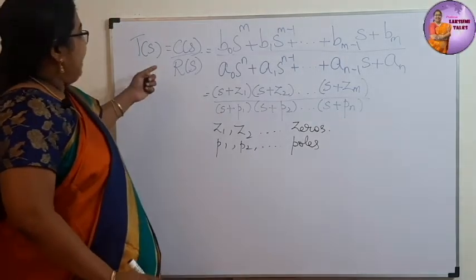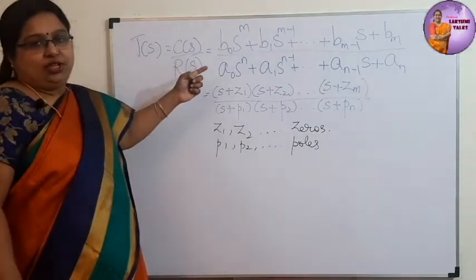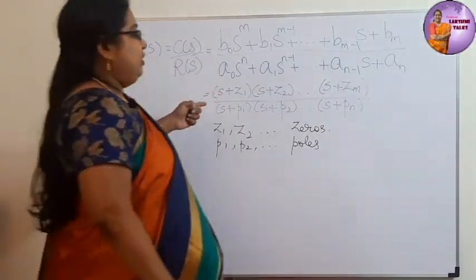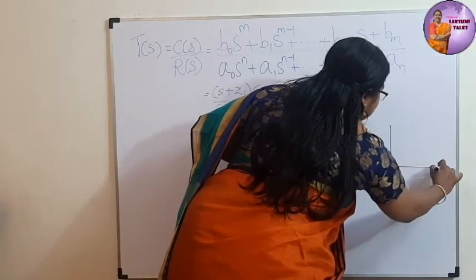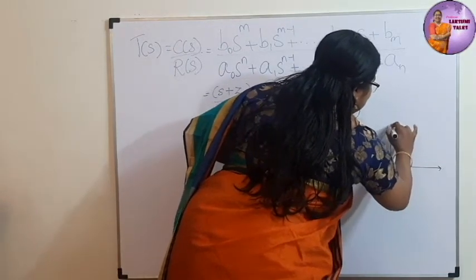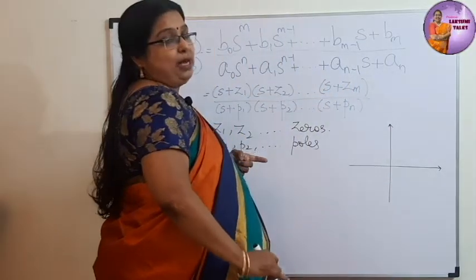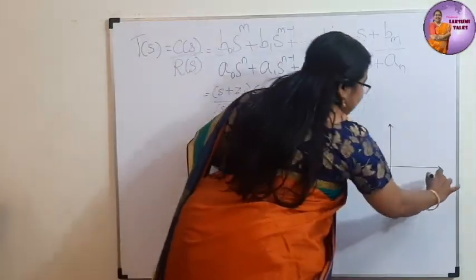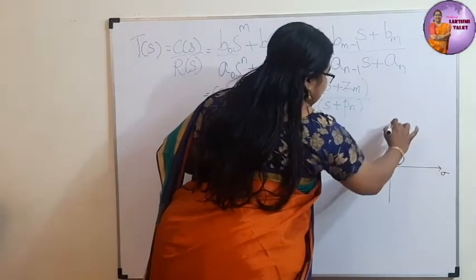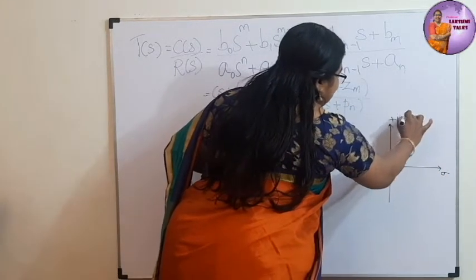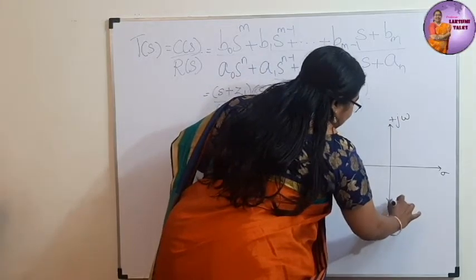Now, I'll tell you one more thing. See, I've told you that this transfer function is in S plane, right? So, in the S plane, as I told you already, S is a complex variable which has a real part and an imaginary part, sigma plus j omega. See, this real part will be on the x-axis, plus sigma and minus sigma, and the imaginary part is on the y-axis, okay?